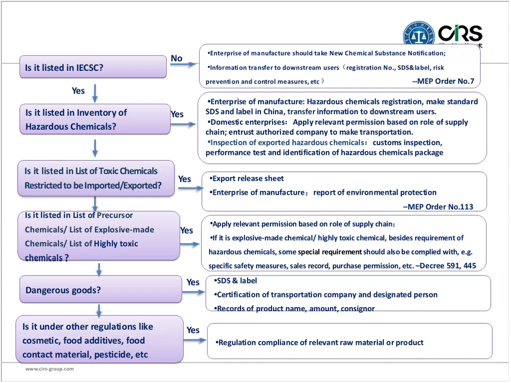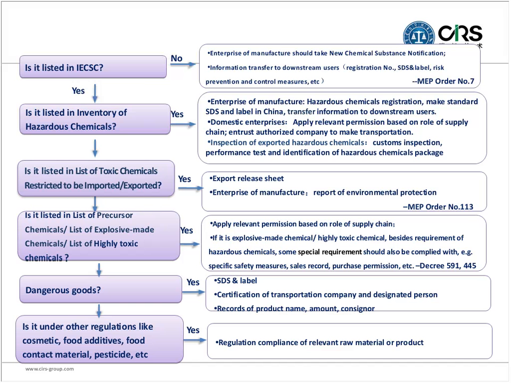And then there are some specific inventories like precursor chemicals, explosive-making chemicals, and highly toxic chemicals. These obligations mainly belong to the local importers or the Chinese downstream users.